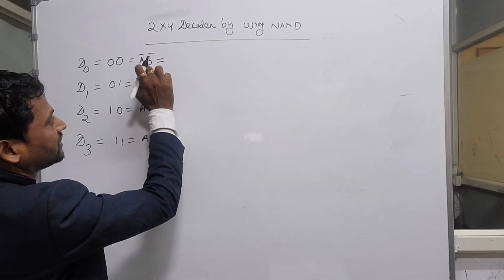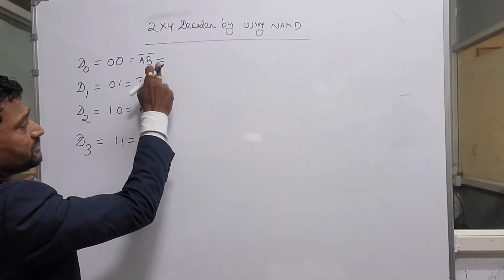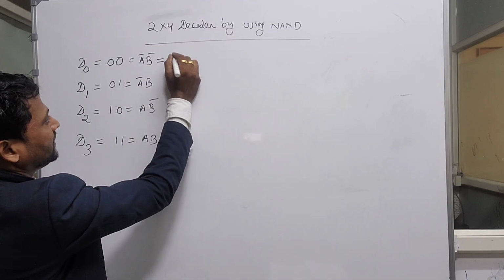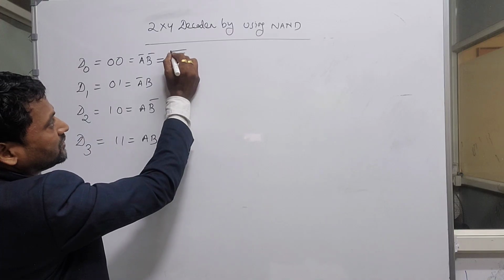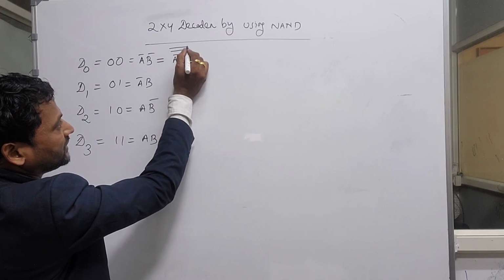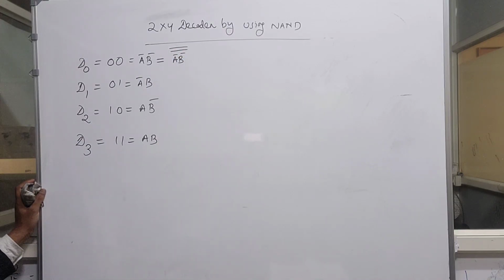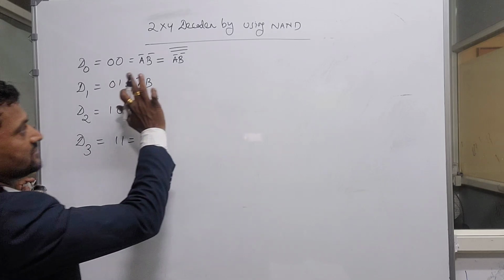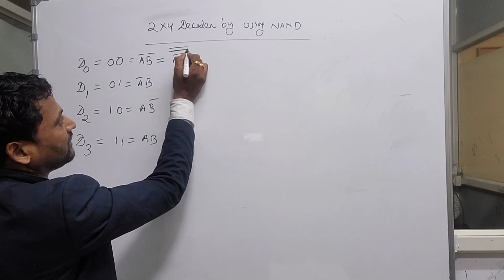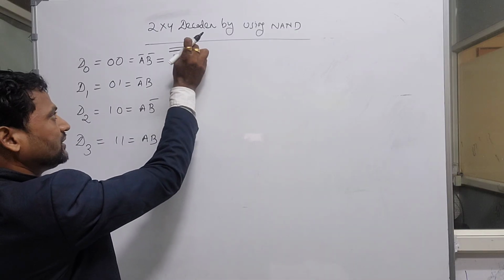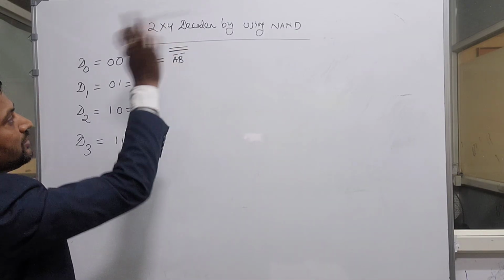In place of D0, what is it? A bar B bar. What can I write? A bar B bar, I can put a bar here. To nullify this bar, I can take another bar. There is no problem in this; nothing will change. You keep your original value, take one bar here, and to nullify this bar you put one more bar here.